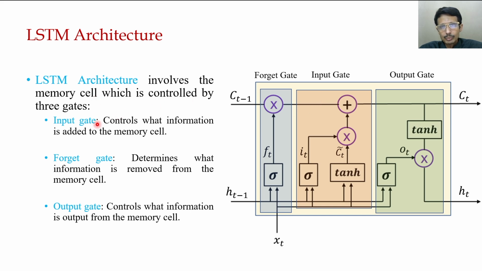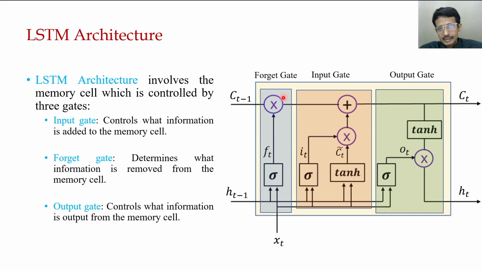First is called the input gate. It controls what information is added to the memory cell. This is the information at time instant t being added. It is coming, but that doesn't mean it is added to the cell. It depends on the input gate. So the input gate controls what information is added to the memory cell.